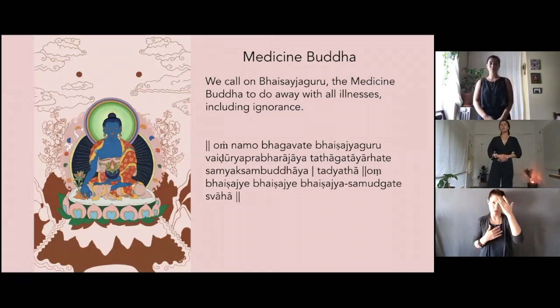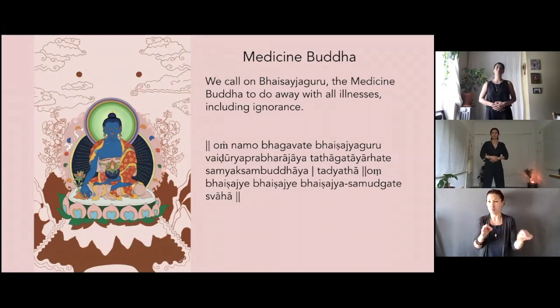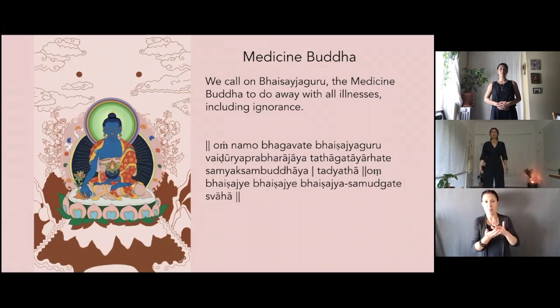So here is the Sanskrit, and you're welcome to join along. I will lead us through this mantra. The great medicine Buddha, to cure us of all illness, including the illness of ignorance. So again, mind and body meet in harmony in front of my heart.